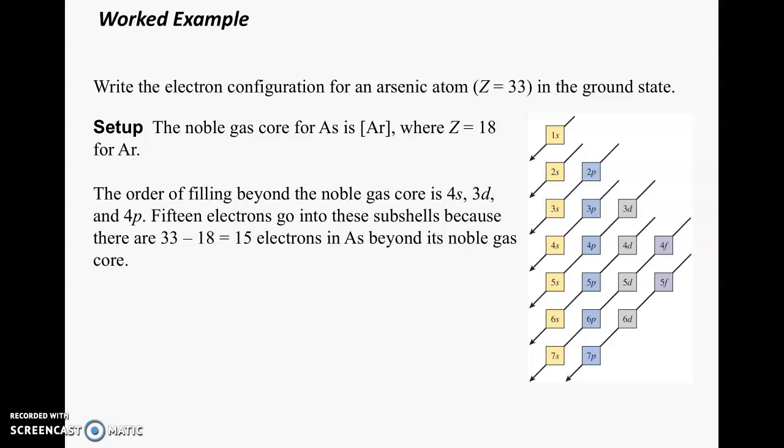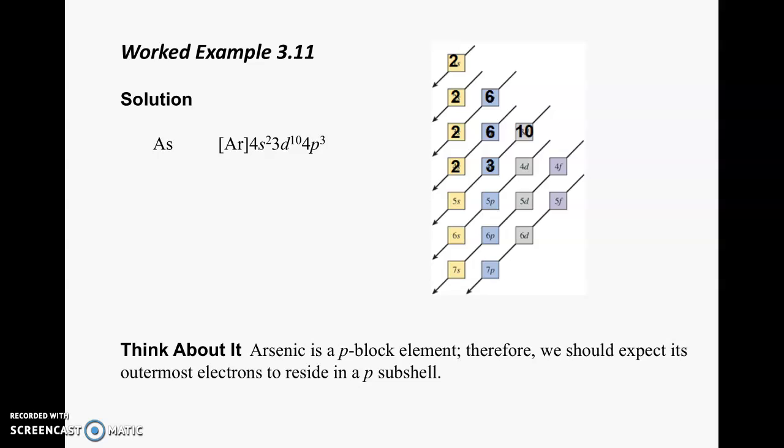It goes into the 4s, and we follow the order of these lines, so it goes into the 4s, up to the 3d, and then the 4p. And so it's argon, 4s2, 3d10, 4p3. Okay, and that's it.